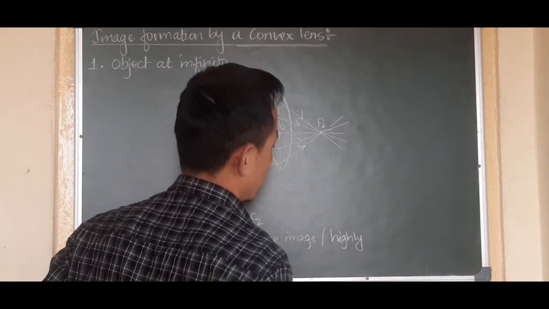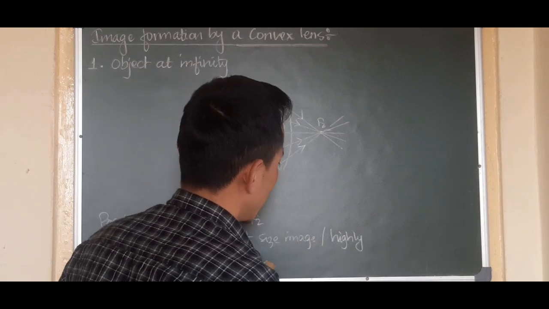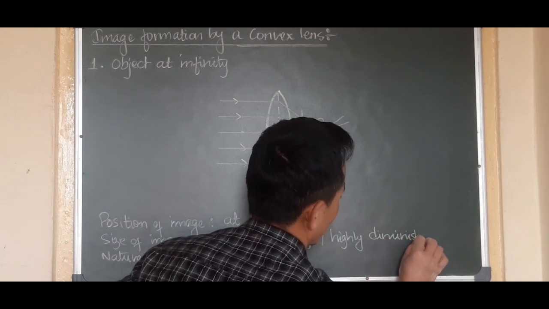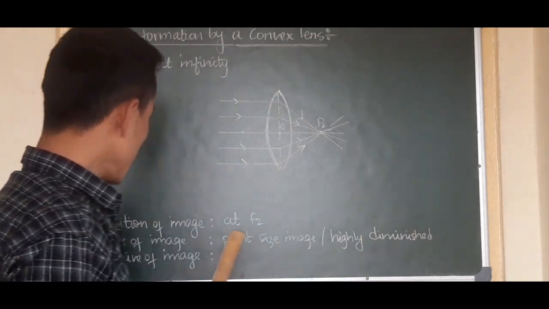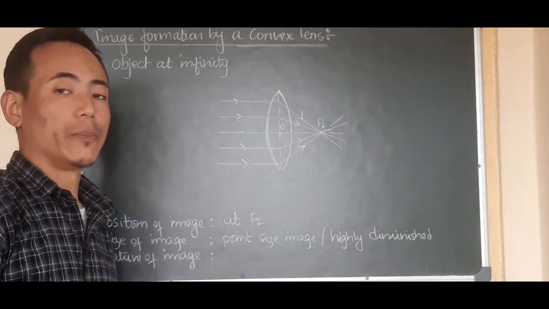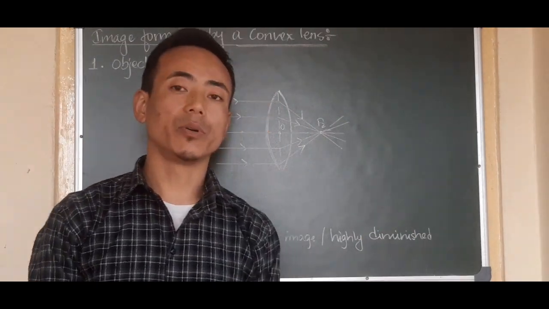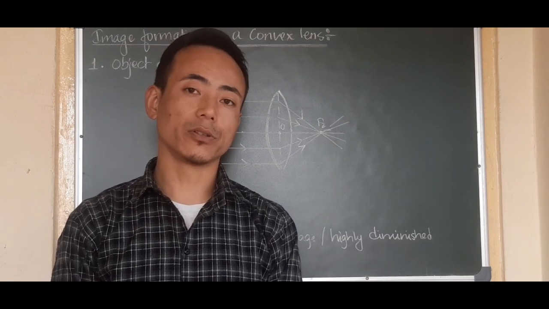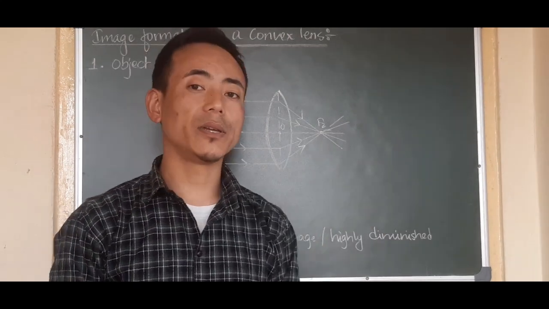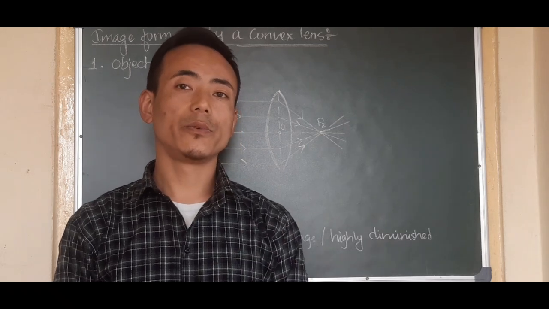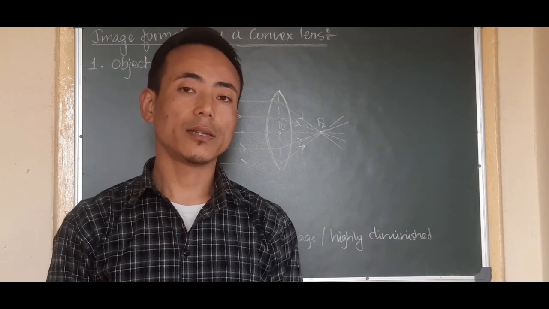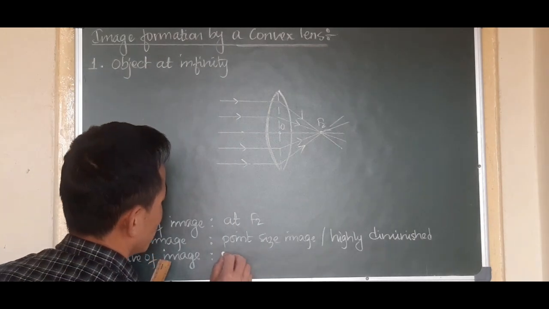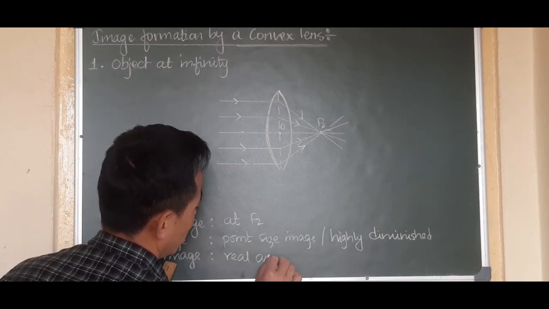That means the size of the image will be very small as compared to the size of the object. Now the next thing is the nature of the image. For this you have to remember that a convex lens always forms a real and inverted image. Here we cannot see that the image is inverted. In other cases we will see that the image will be real and inverted. So for the time being we will write real and inverted.